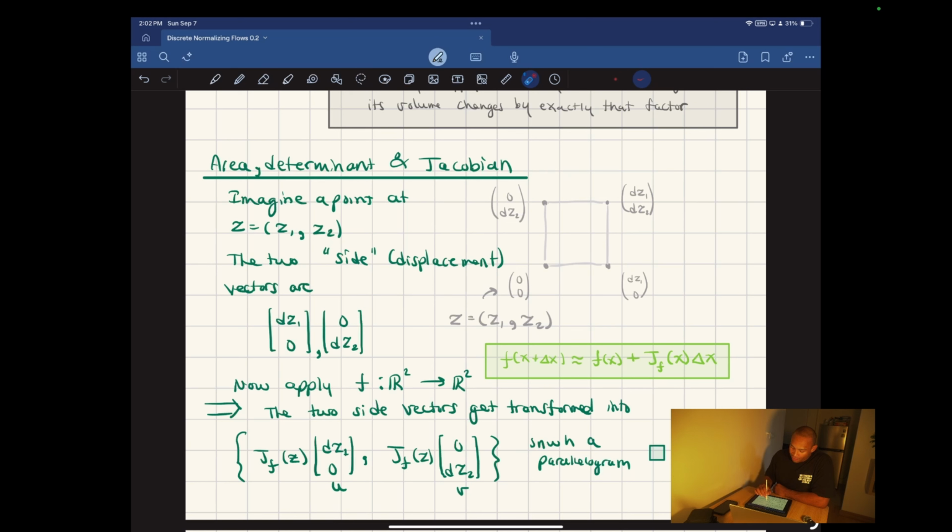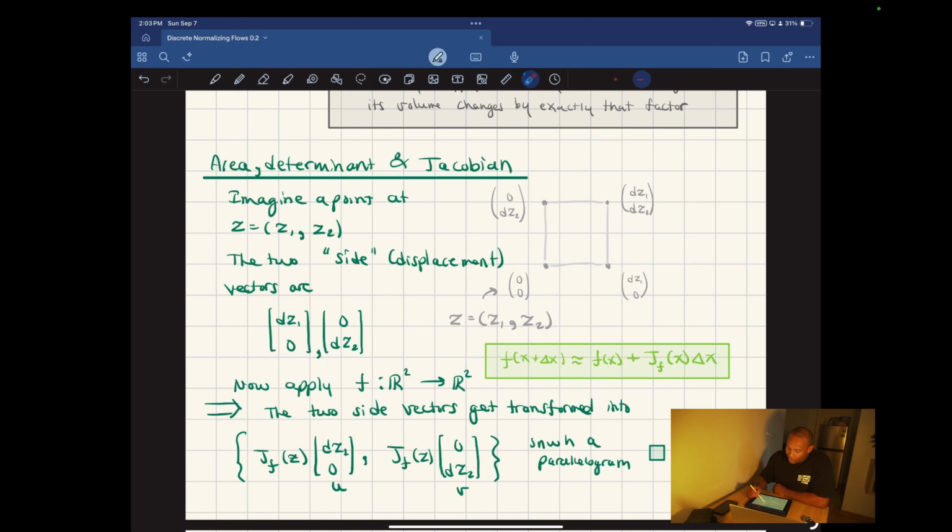Say we have a point Z right here, and then we have two displacement vectors, 0 dz2 and dz1 0, such that all four of these together make a square.